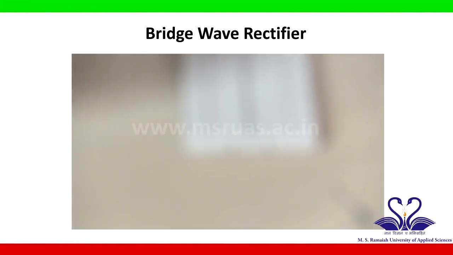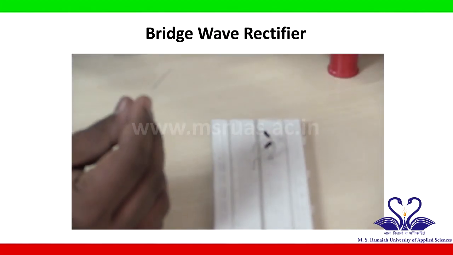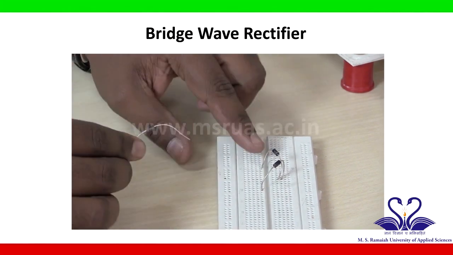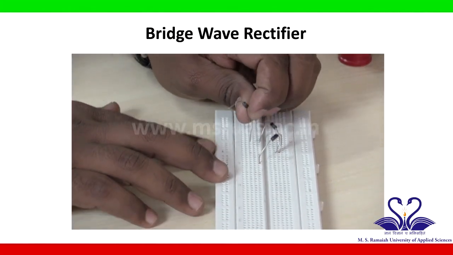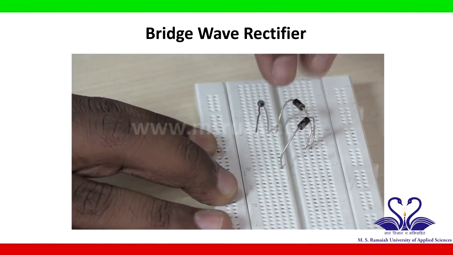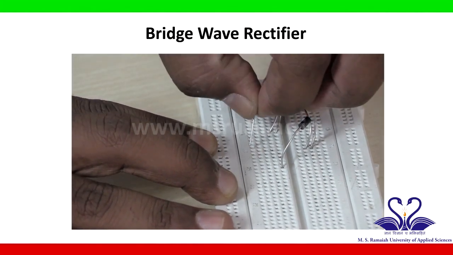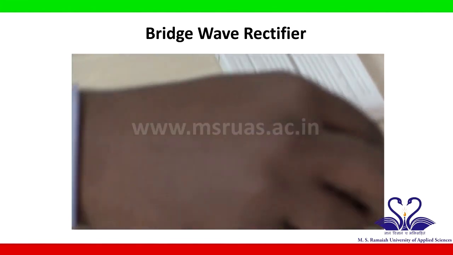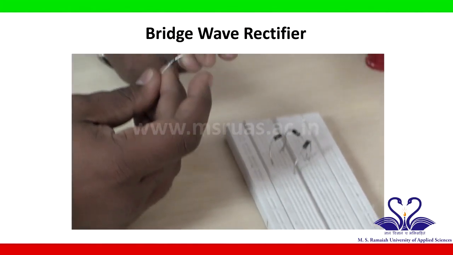Let us take one more diode, let us call this diode 3, where the third diode's P side is connected to the first diode's P side. So, we will connect on the breadboard like this, and the N side of diode 3 is connected to some new point. Take one more diode, call this diode 4.